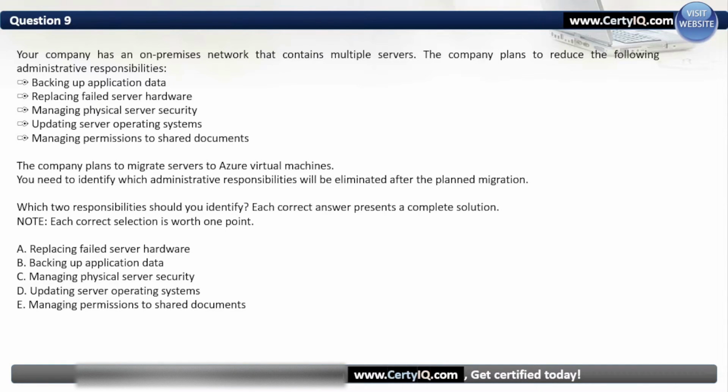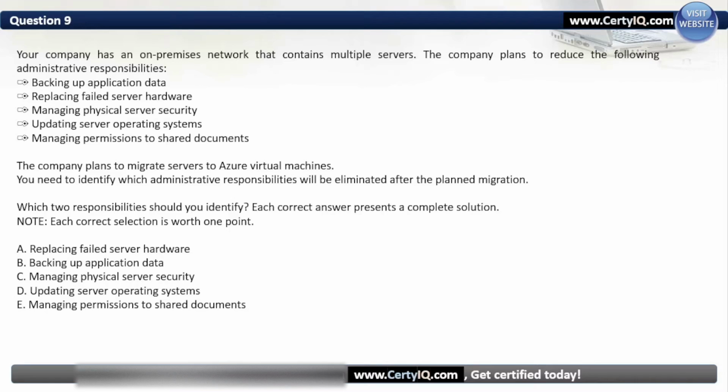Question 9. Your company has an on-premises network that contains multiple servers. The company plans to reduce the following administrative responsibilities: backing up application data, replacing failed server hardware, managing physical server security, updating server operating systems, managing permissions to shared documents.